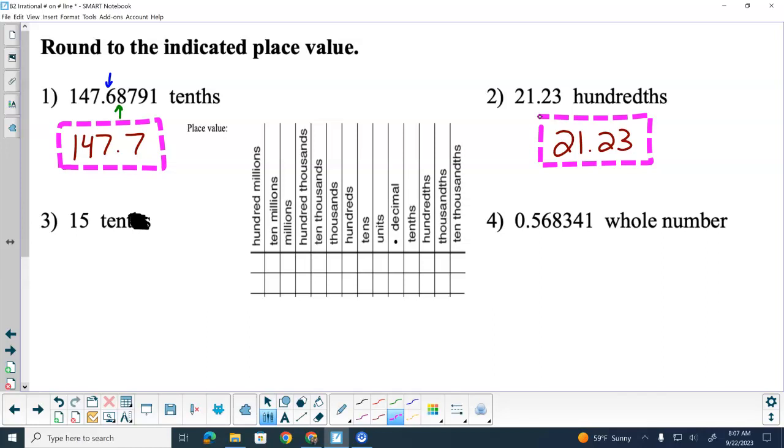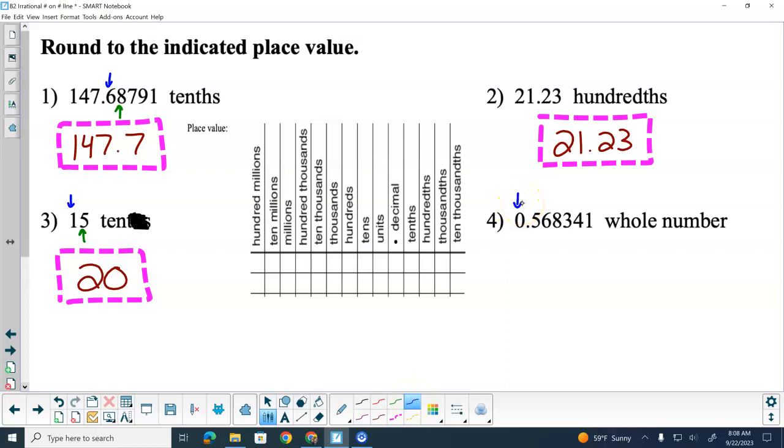Tens. The tens digit is this one, which means I look back at this one. Round up, stay the same? Round up, so that's going to go up to 20. Whole number is that unit 1, which is right here, or the ones.